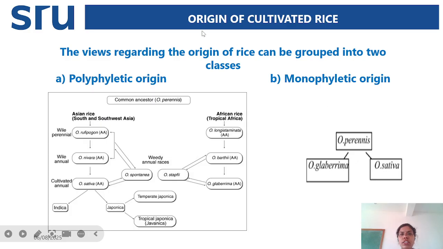So here the origin is grouped into two classes, that is polyphyletic origin and monophyletic origin.